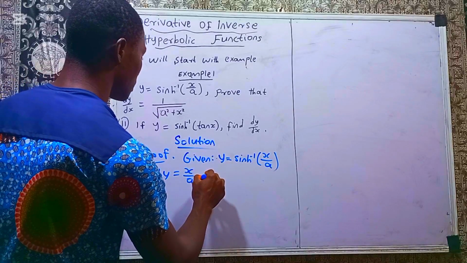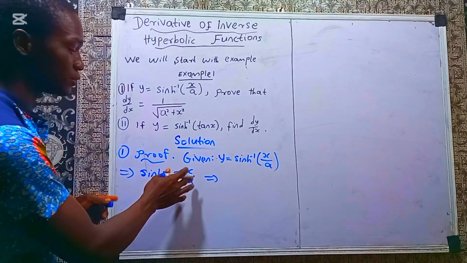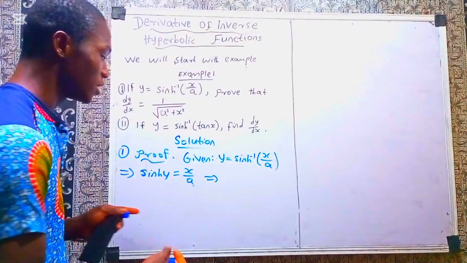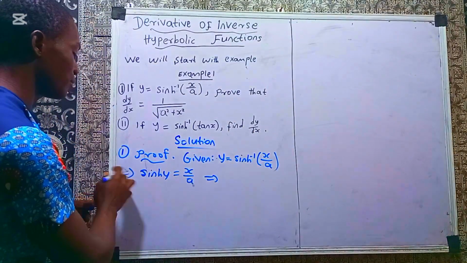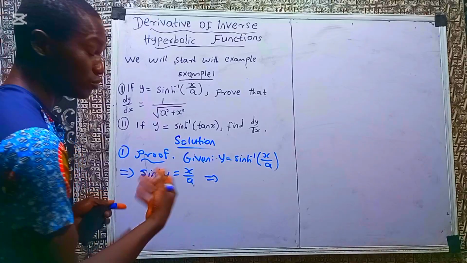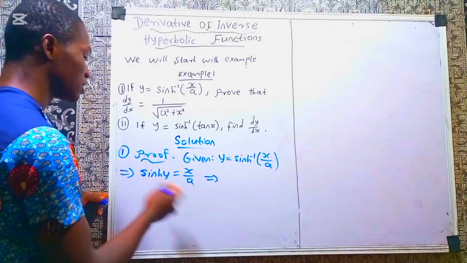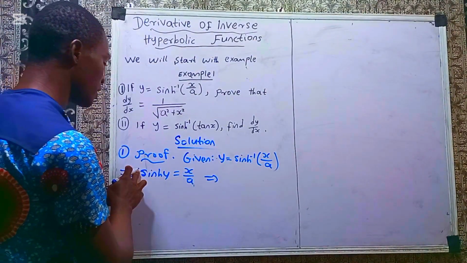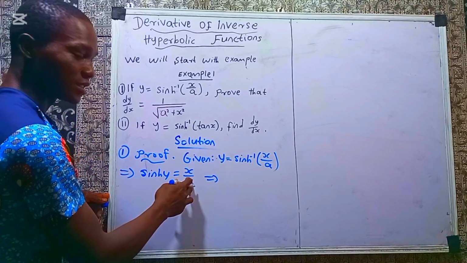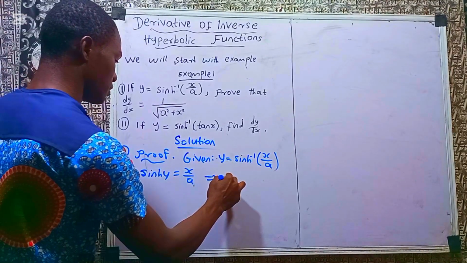So what does it imply? We are going to make x the subject of the formula. How do we make x the subject of the formula? You can simply multiply both sides by this a here, the denominator, or you cross multiply. Let's multiply both sides by a. Multiply here by a, and a will get cancelled, remaining your x.